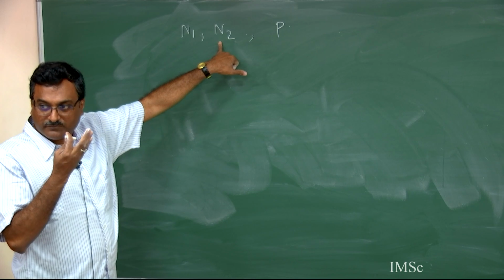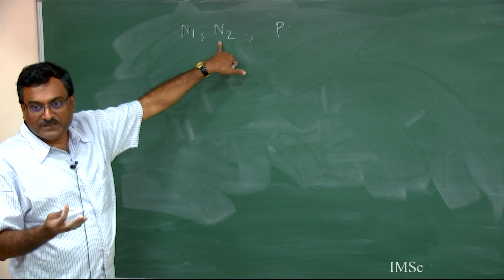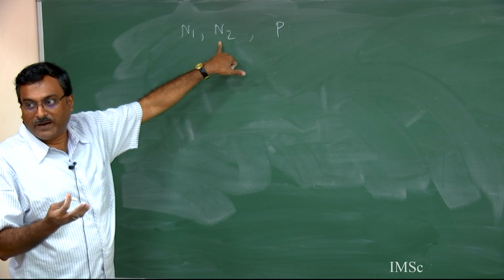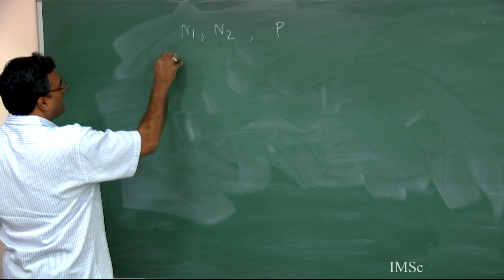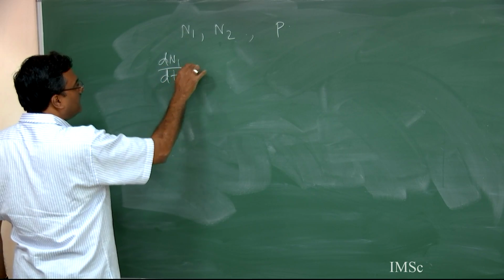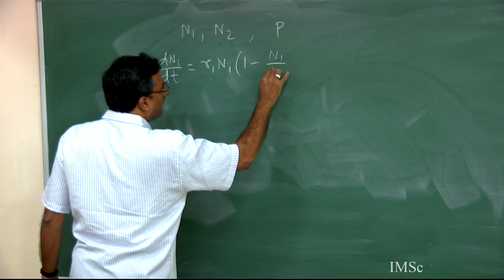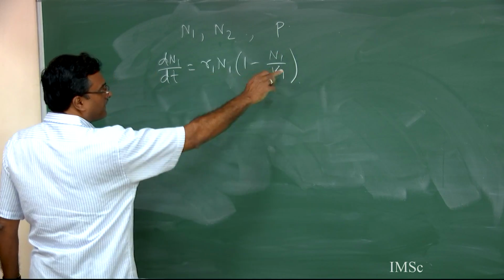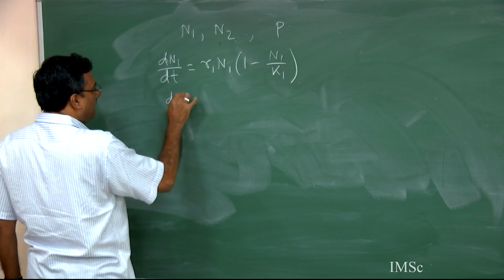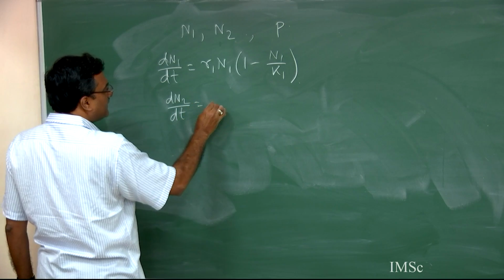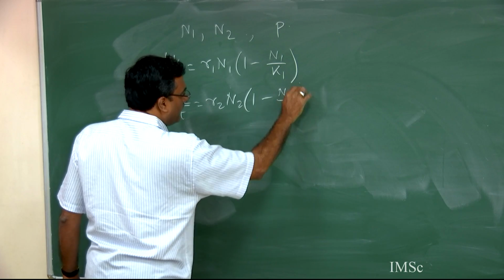So they have individual growth rates and their carrying capacity is not affected by the abundance of the other species. Therefore, we can have this type of equation: dN1/dt is equal to R1 N1 times 1 minus N1 by K1. This is the growth for the first species in absence of predator, and dN2/dt is equal to R2 N2 times 1 minus N2 by K2.